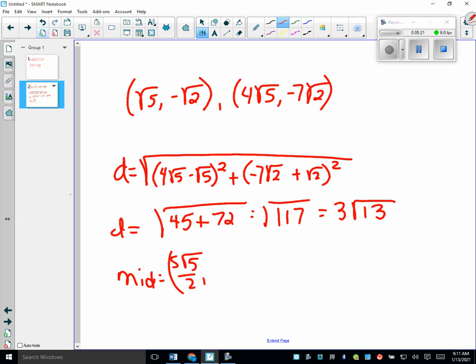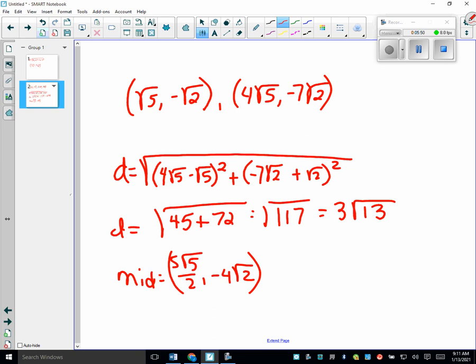Is that the x? What's the y? Negative 4. Not over anything, is it? Okay, is that all right? This is the midpoint. You remember that? That is the absolute hardest one there was in the group.